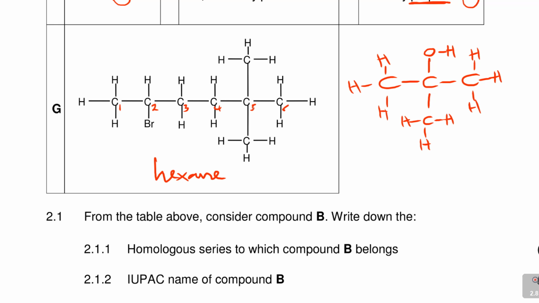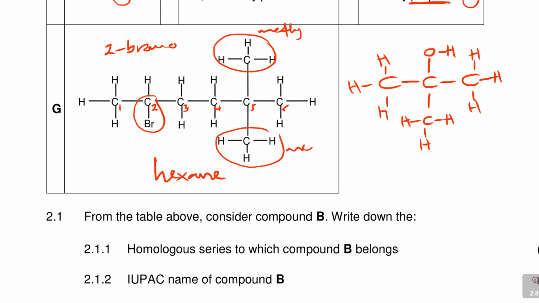Hexane, 6 is hexane. But look, in carbon number 2, what do I have? I've got a branch here. We call it 2-bromo. And in carbon number 5, there is a methyl, and another methyl. So if there are 2, we call them di.